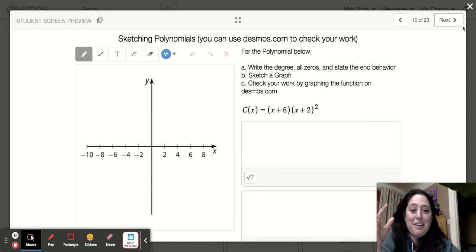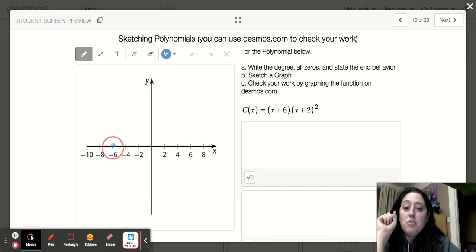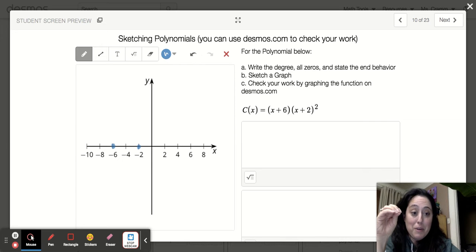Oh, let's see this one. Can I resist? All right, I'm not going to write everything down here, but I am going to look at it, okay? So I have x + 2 twice, right? So that's a multiplicity of 2. So let me just put my 0 should be at -6 and -2, okay? This is cubic, right?